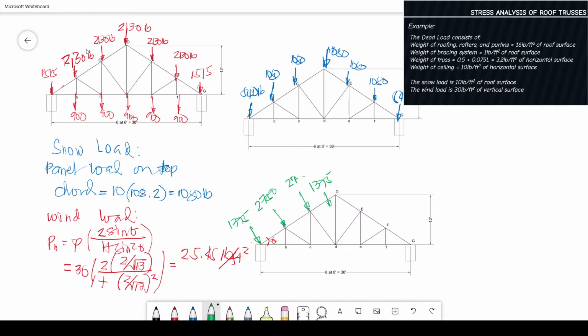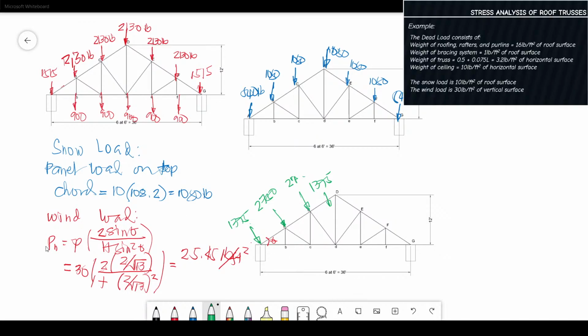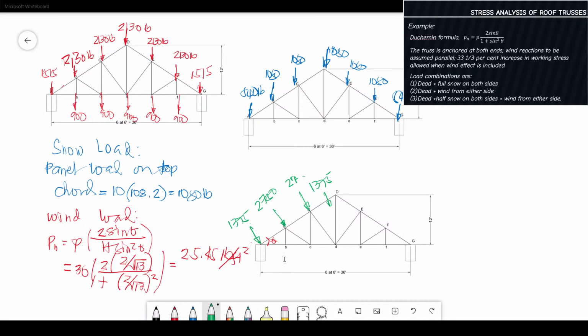After you tabulate, what the problem asks for are the three load combinations: dead load plus full snow on both sides, then dead plus wind from either side, and dead plus half snow on both sides plus wind from either side.